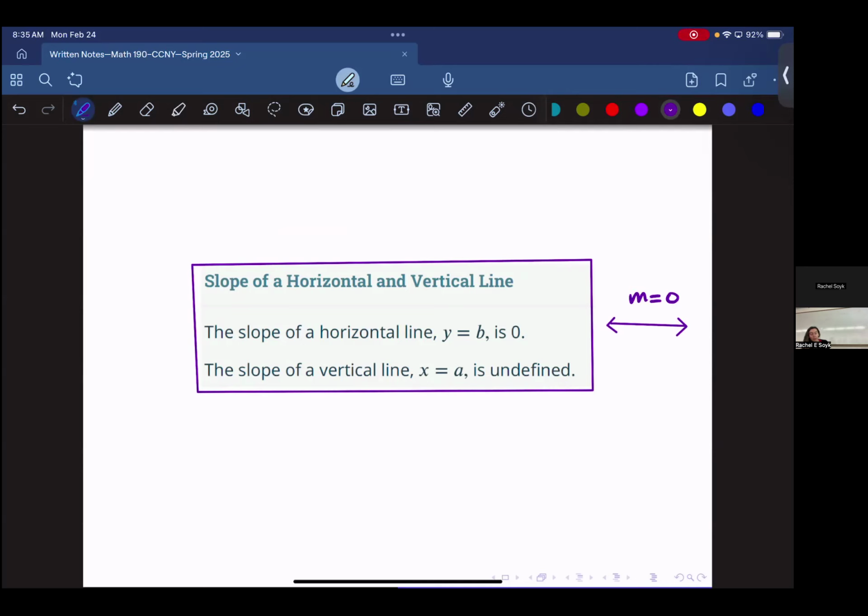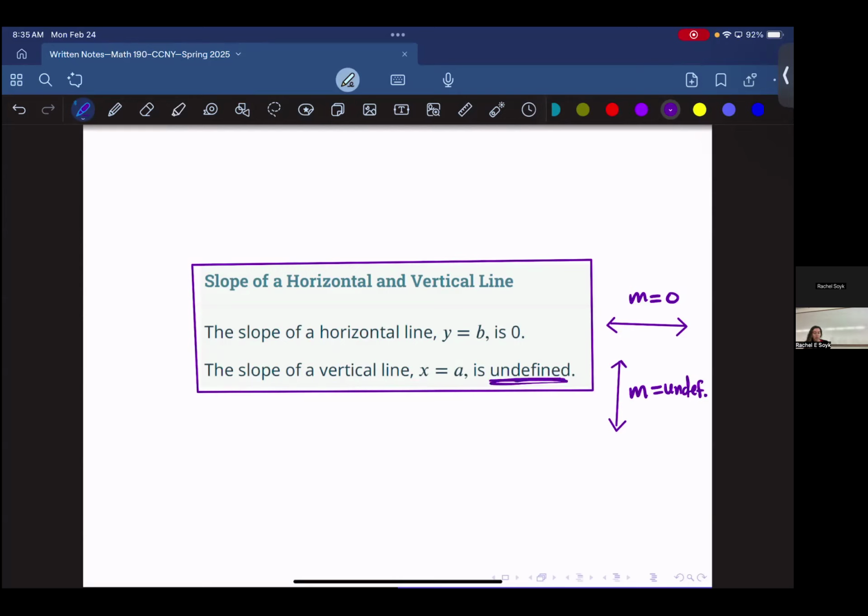Whereas a vertical line, the change in our x is 0. And because 0 is in our denominator, any 0 in the denominator makes our fraction undefined. So we have an undefined slope when we're looking at any vertical line. So all vertical lines have undefined slopes.